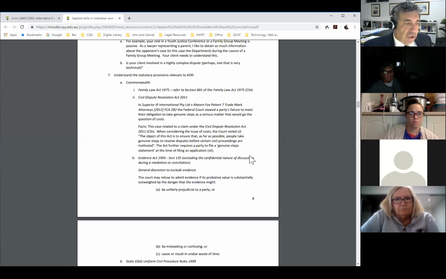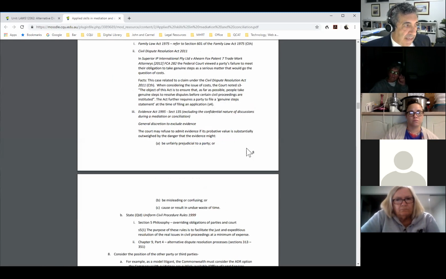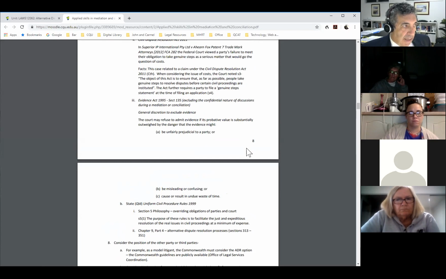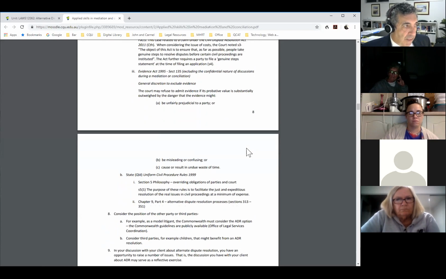So I mentioned earlier that on occasion there are practice directions or specific pieces of legislation that require you to undertake some ADR before proceeding to court, and there are two examples, both in the federal sphere.